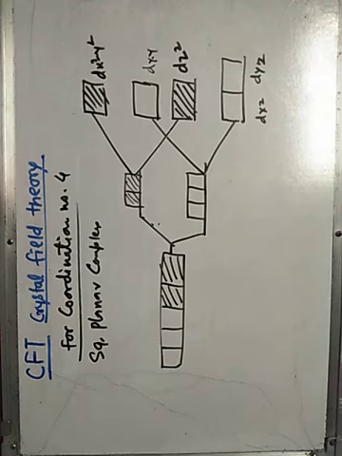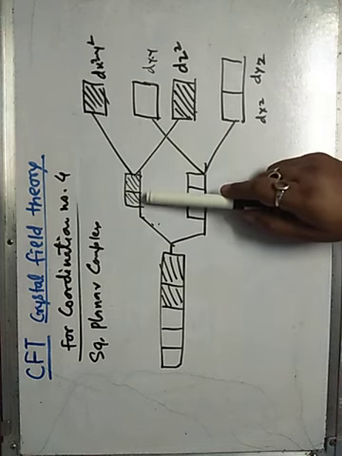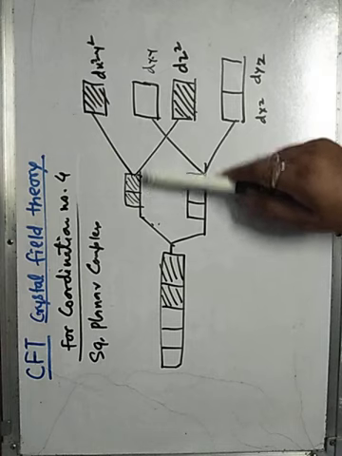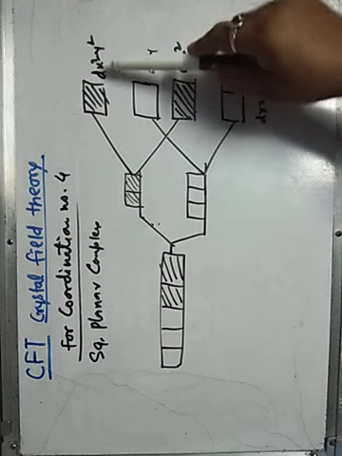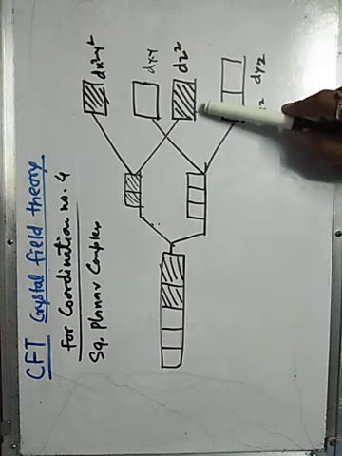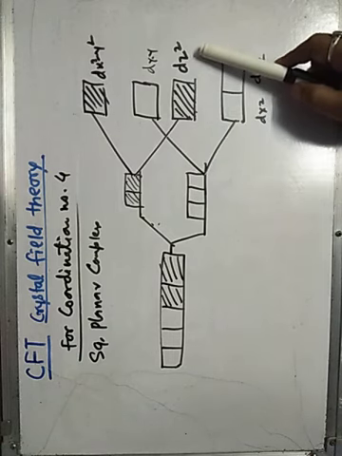But meanwhile, you can see the redistribution, or you can say the degeneracy of the d orbitals, is taking place here. That means the two d orbitals, dx square minus y square and dz square, split like this. Upward we have dx square minus y square, and the next one goes down, that is dz square.